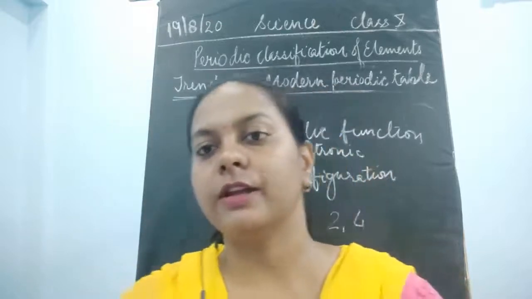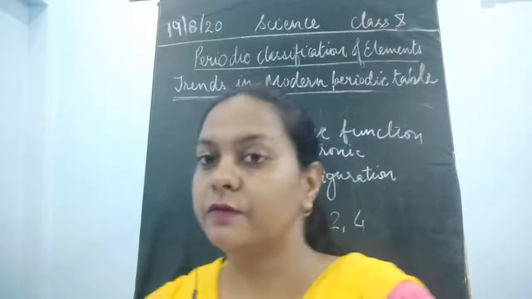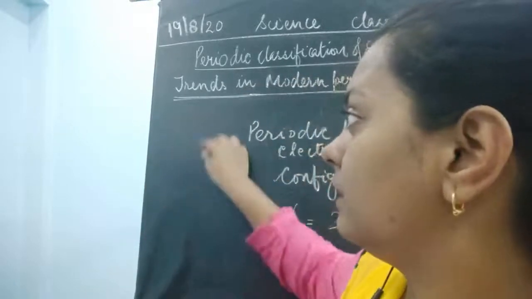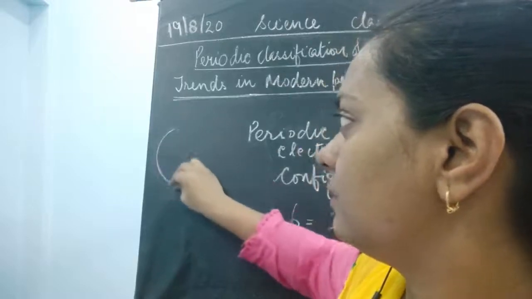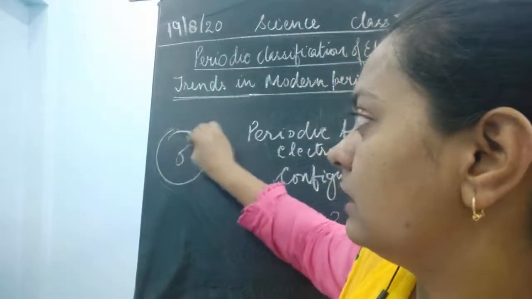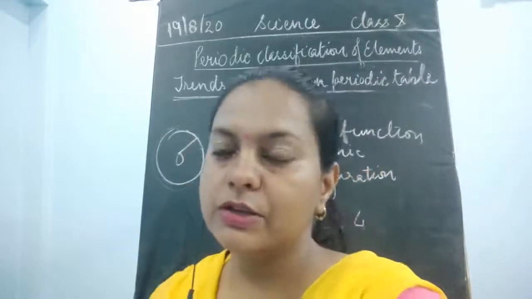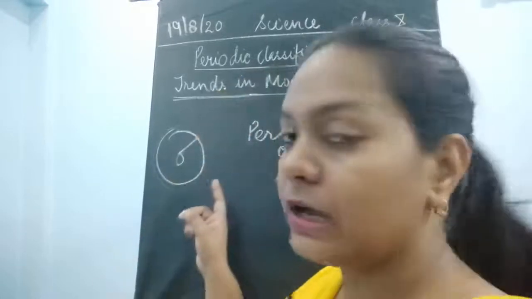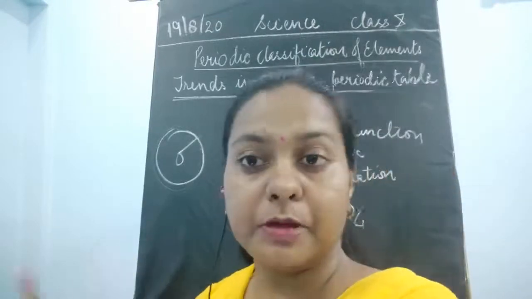So, if we are talking about the size of the atom, it is measured from the center of the nucleus till the last outermost shell, okay. So, this is how we can understand what is the size of the atom of that particular element.